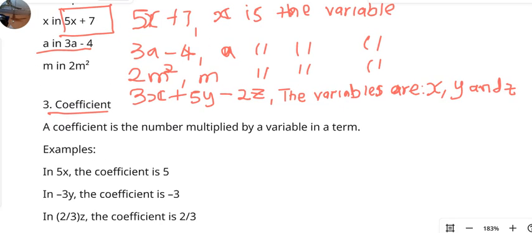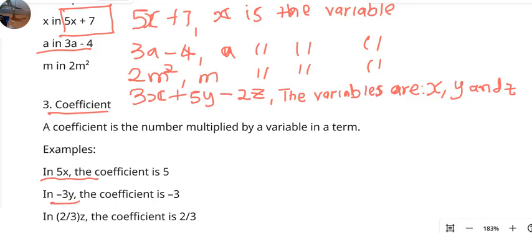For example, in 5x here, the number attached to x is 5. So the coefficient is 5. In minus 3y here too, the number that's attached to y is minus 3.